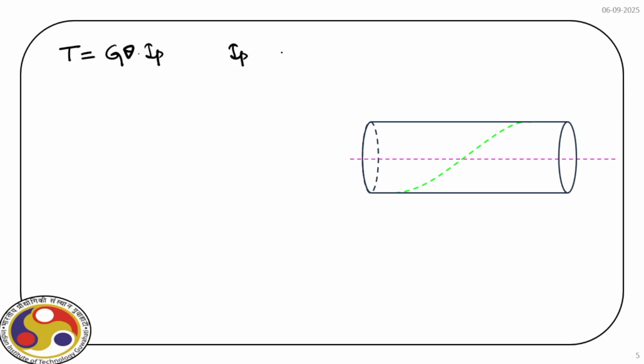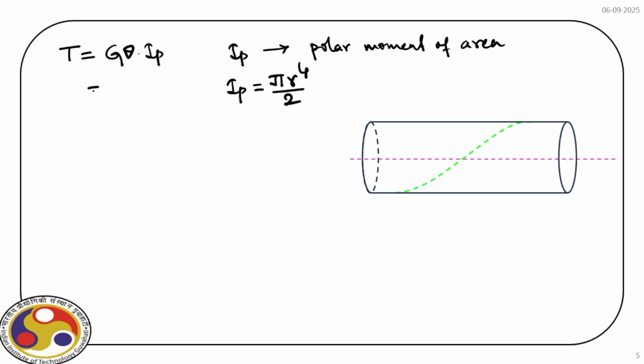IP is the polar moment of area. And for circular cross section, we know the expression of IP, and that is pi r to the power 4 divided by 2.